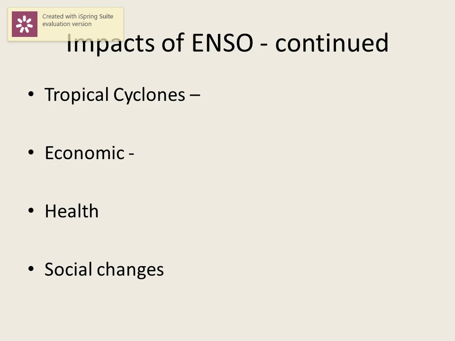This results in tropical cyclones, and the impact is widespread because it not only results in tropical cyclones, but it has a widespread impact on humanity as well, when it comes to the socio-economic health of the societies impacted by El Nino.